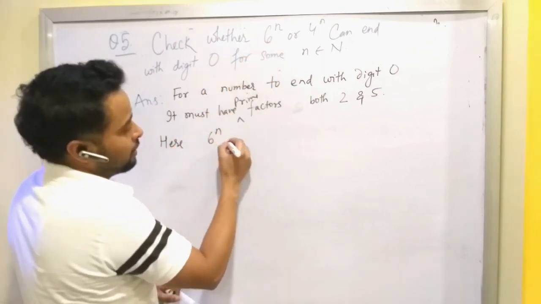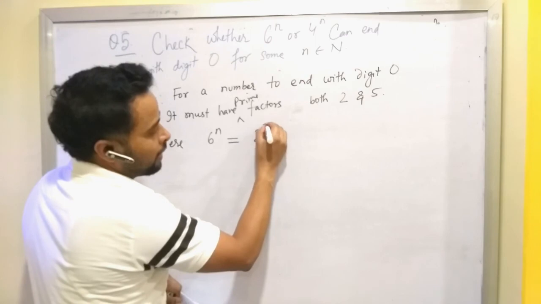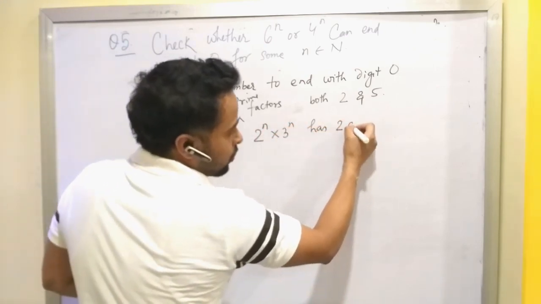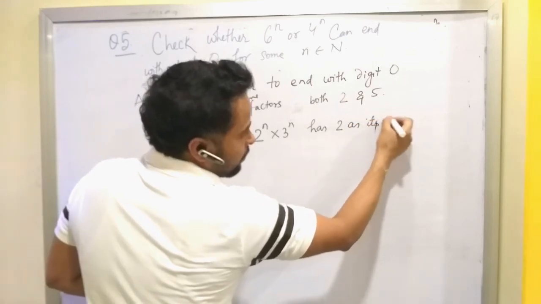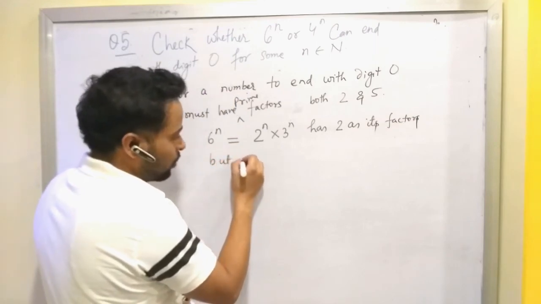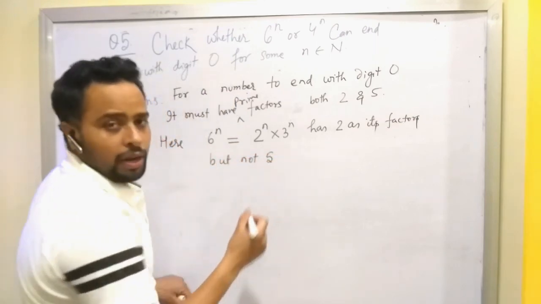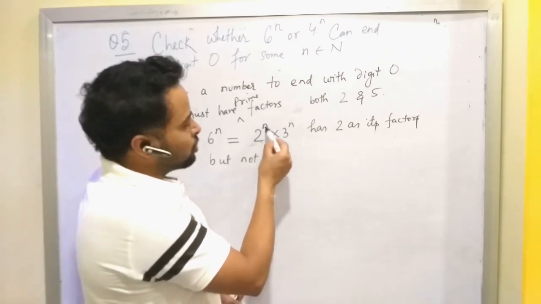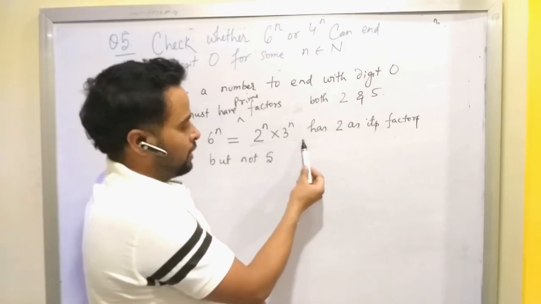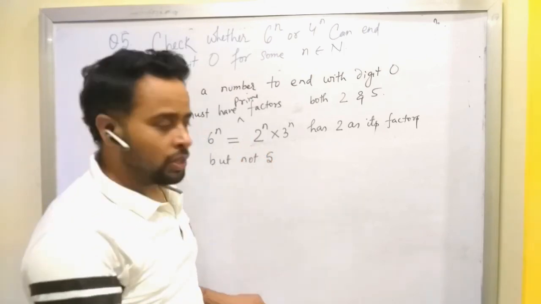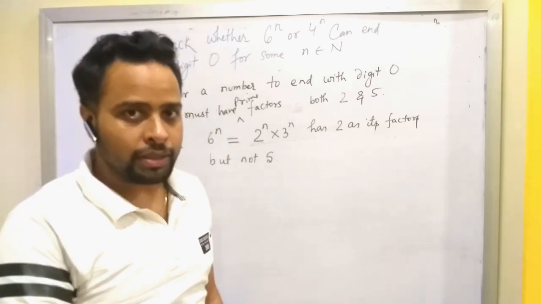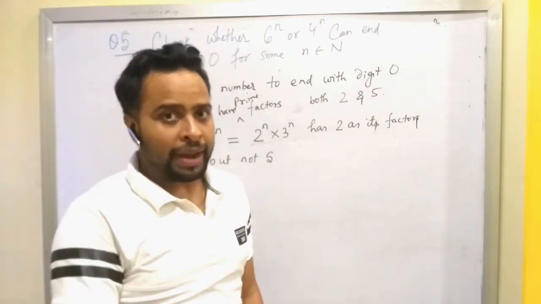Here 6 to the power n can be written as 2 to the power n into 3 to the power n. It has 2 as its factor but not 5. Understood? It has 2 to some power n, so it has 2 as its factor, but there is no 5 in it. So for a number to end with 0, it should have 2 and also 5 in its prime factors. That is the fundamental theorem of arithmetic.